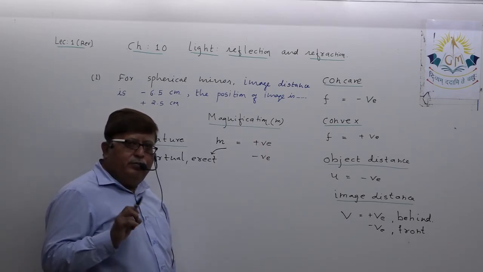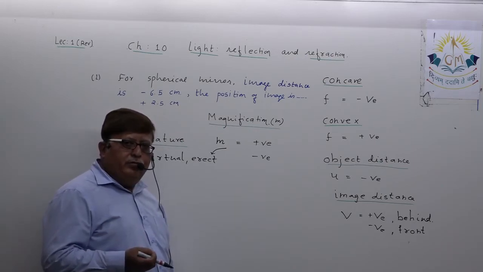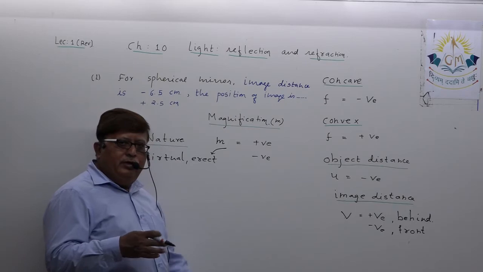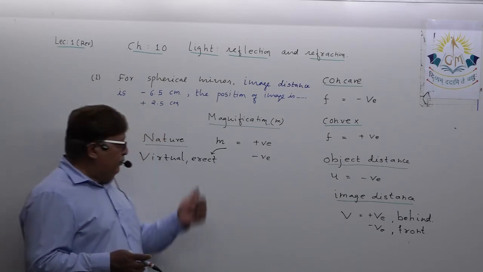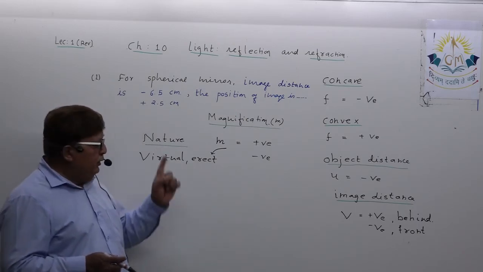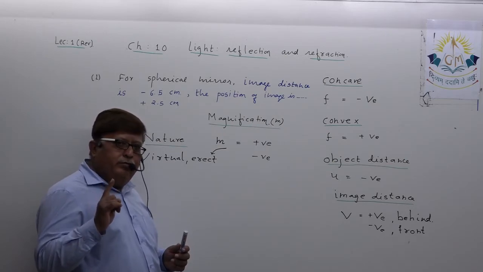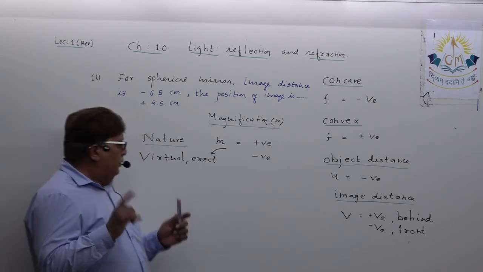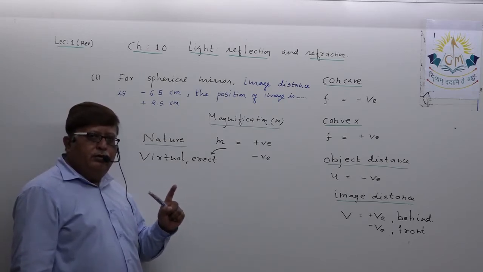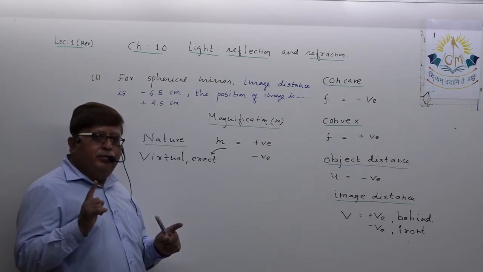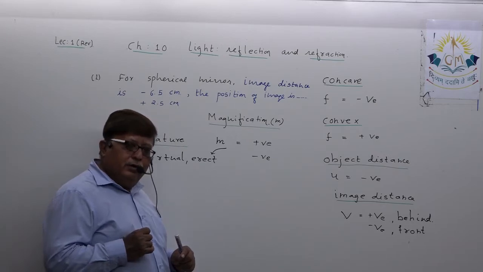If I give it positive and ask you what could be the nature of the image, in the options they may give some manipulation, but one is the correct option. Magnification positive means image is virtual and erect. Remember very clearly regarding this. Understood?